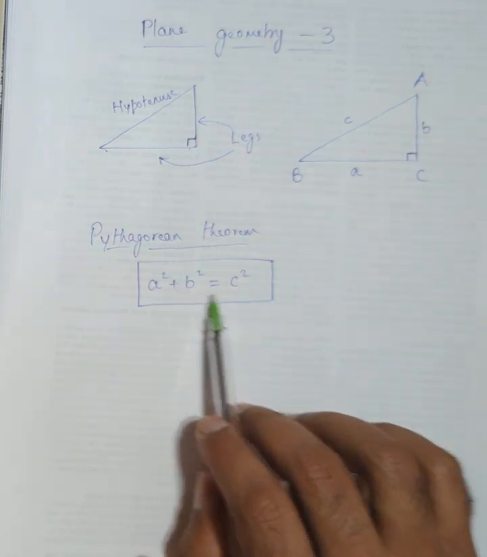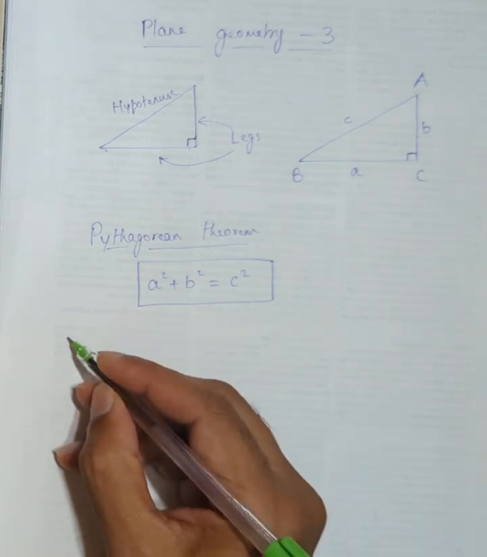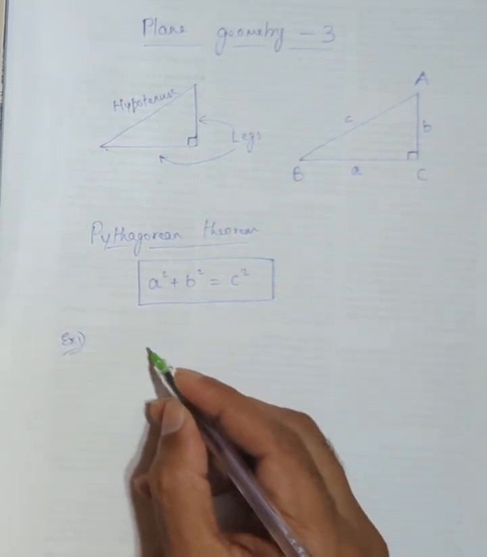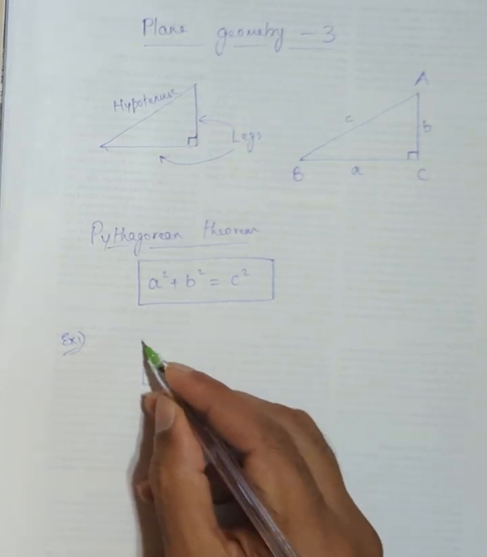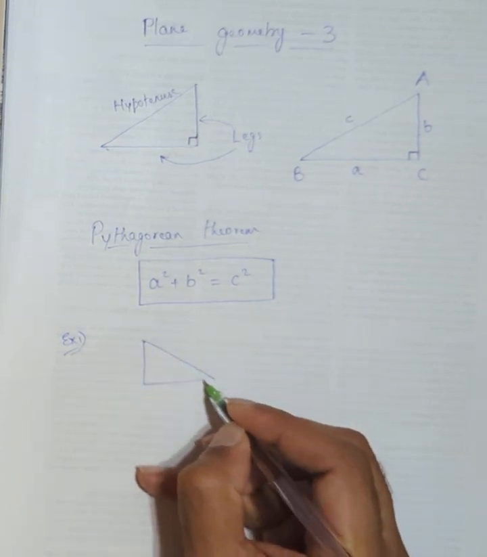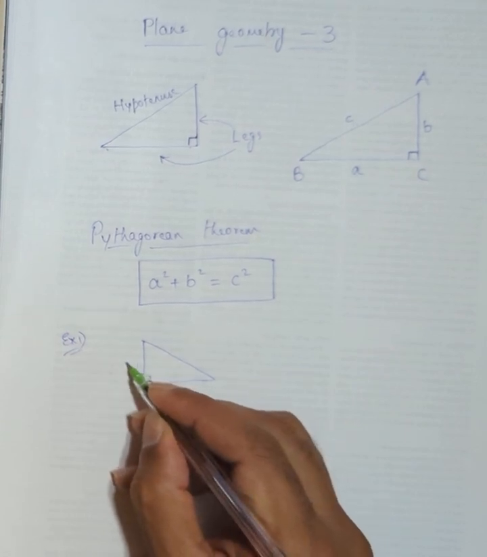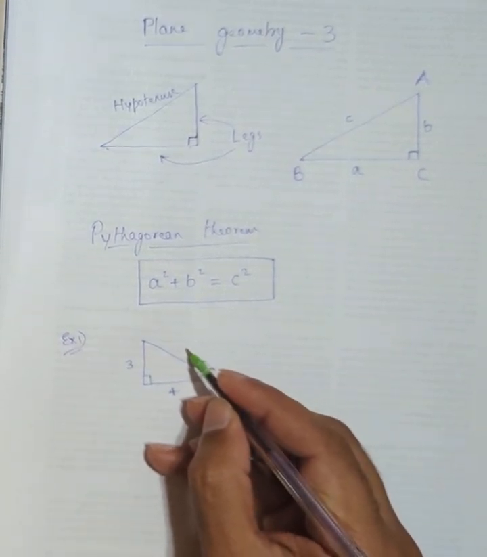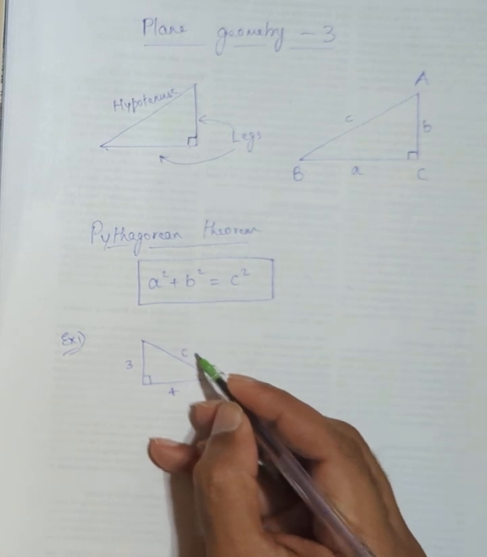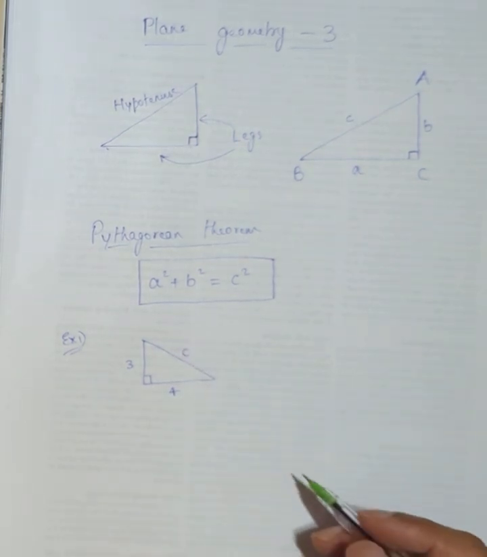All right, let's actually look at an example of the Pythagorean theorem. Let's say I have a right triangle where the legs are 3 and 4. So I'm going to draw a right triangle with legs 3 and 4. And say I don't know the hypotenuse, so let's call it c.